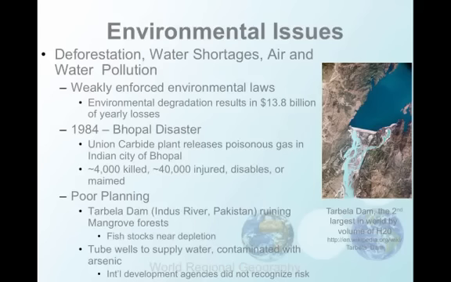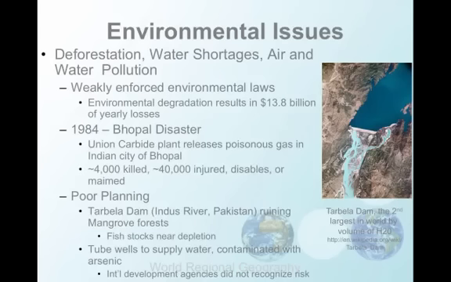Another example of poor planning is that tube wells, which are drilled to supply water, are contaminated with arsenic.